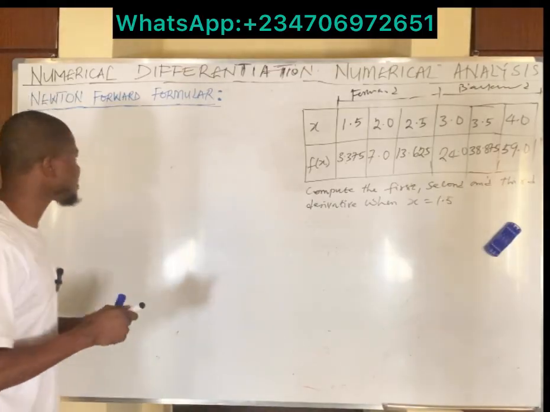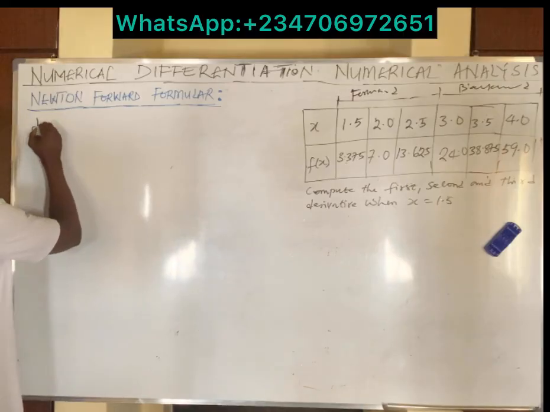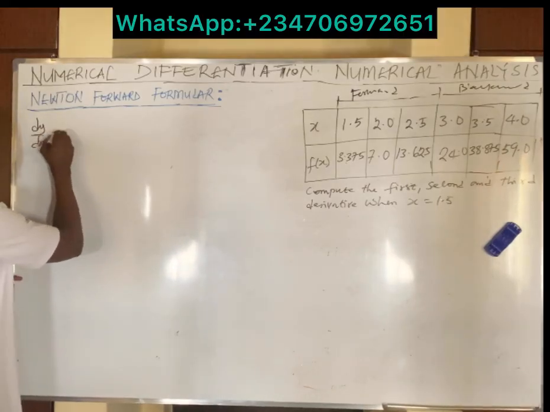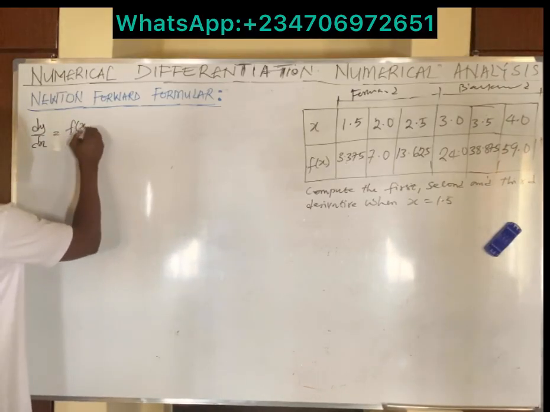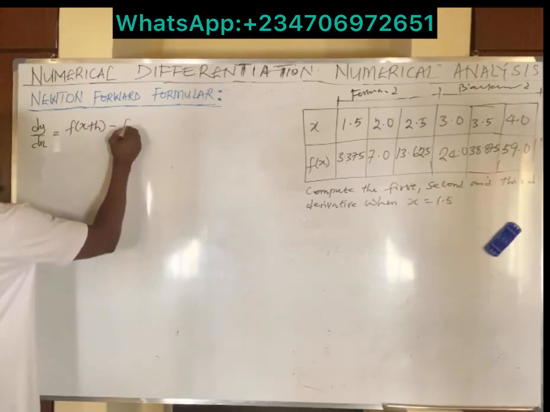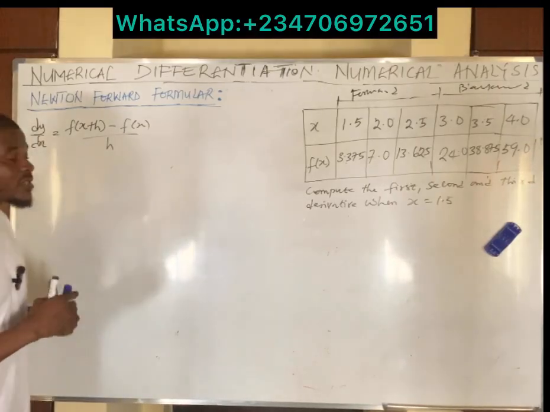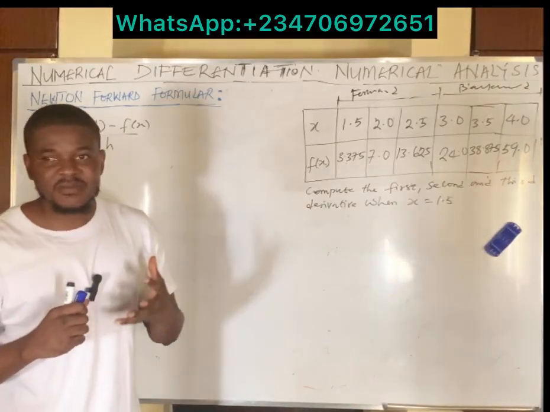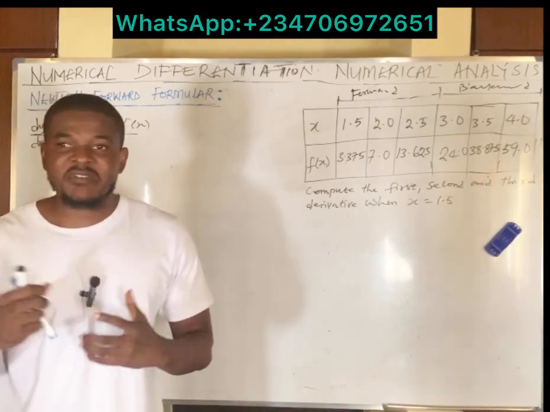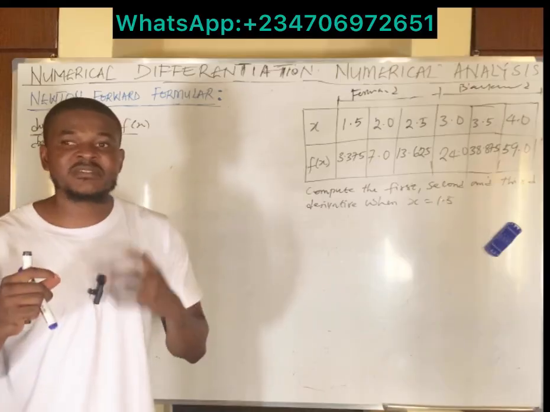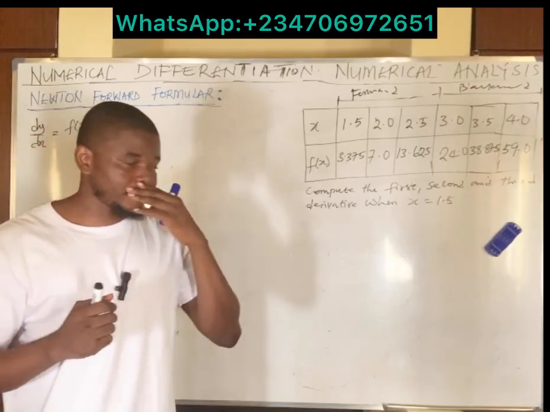So for the first derivative, the formula simply states dy over dx is equal to f of x plus h minus f of x, all over h. I explained in the first video that h simply means a step size or an interval, which means the successive differences in the values of x.